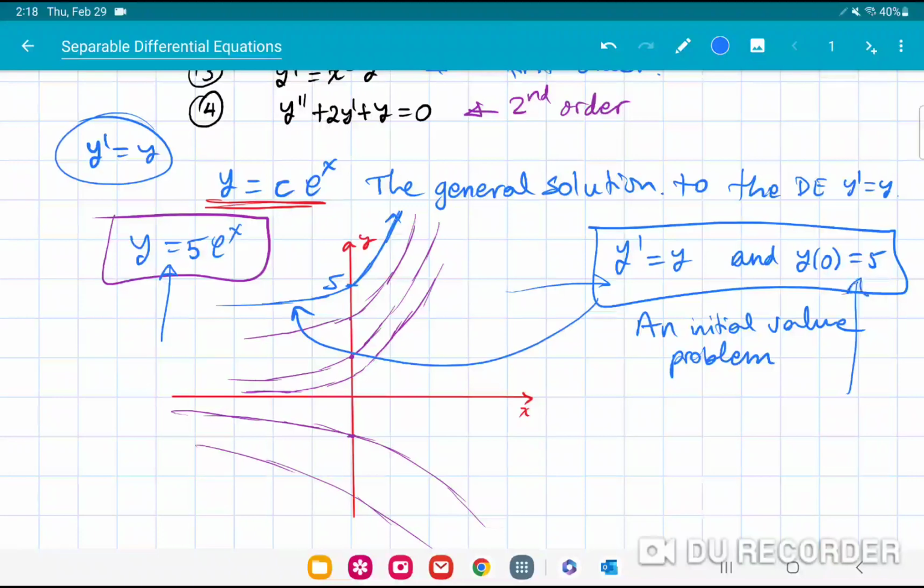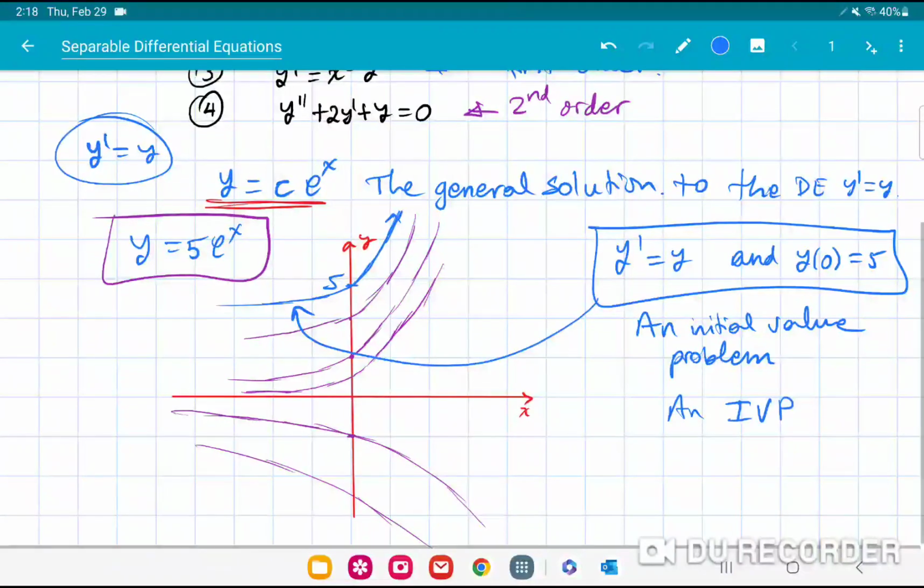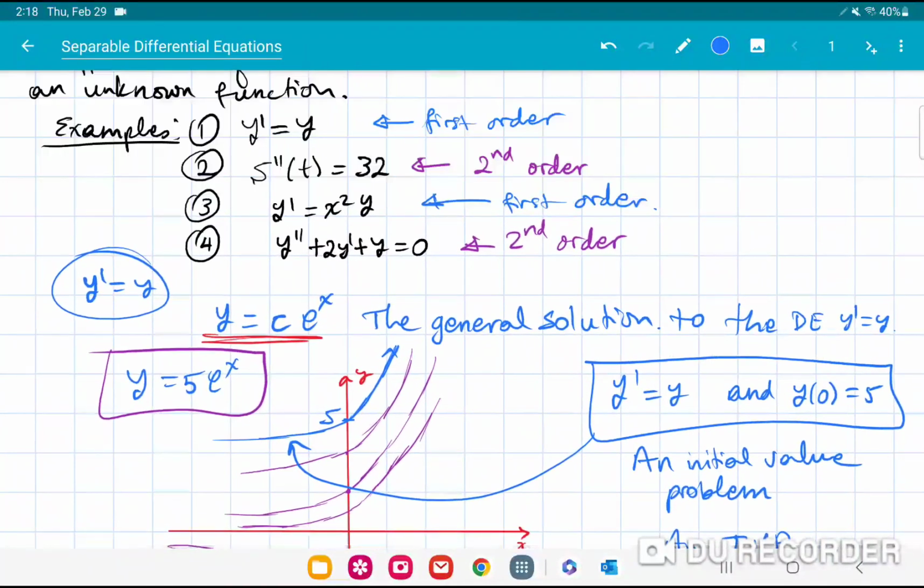So that's what an initial value problem, or an IVP, is. So back to these examples. If I know the initial position and I know the initial velocity, I can write an initial value problem with this gravity differential equation.